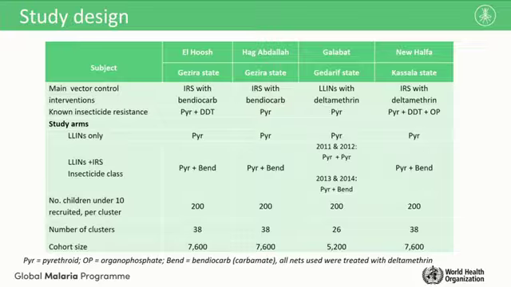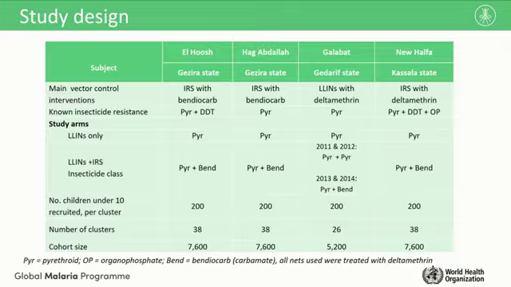And where this study differs from the 3 previous presentations is that clusters here were randomized to a 2-arm trial where we were comparing long-lasting nets, these are deltamethrin treated nets, to long-lasting nets with the addition of indoor residual spraying.